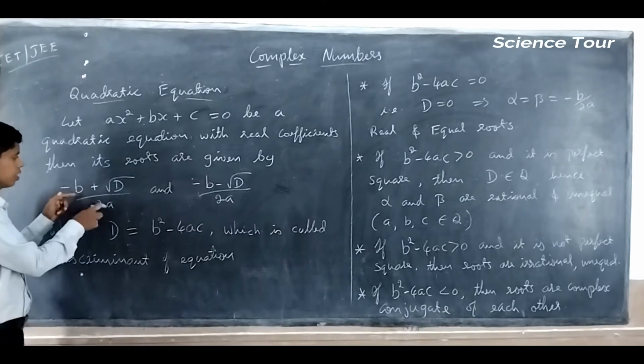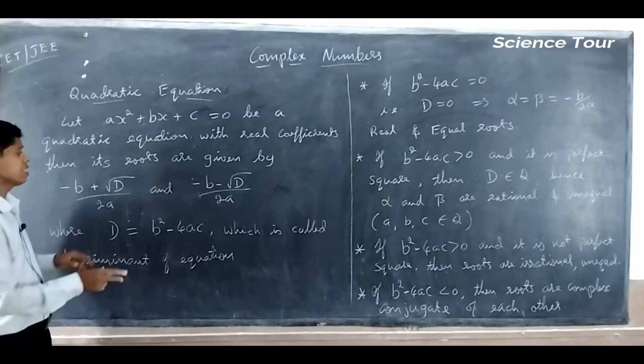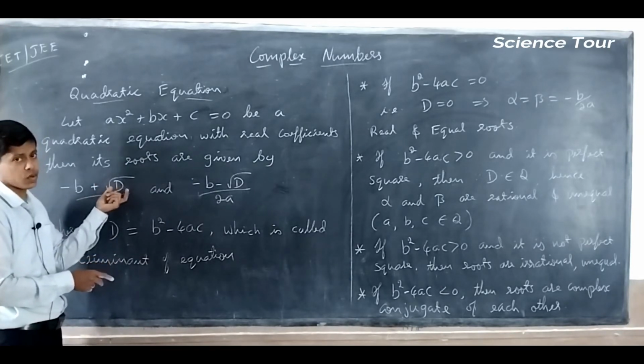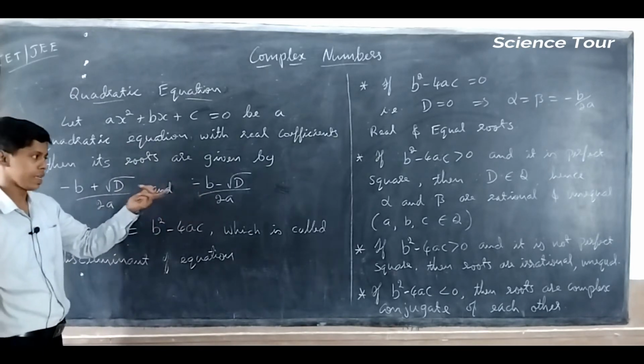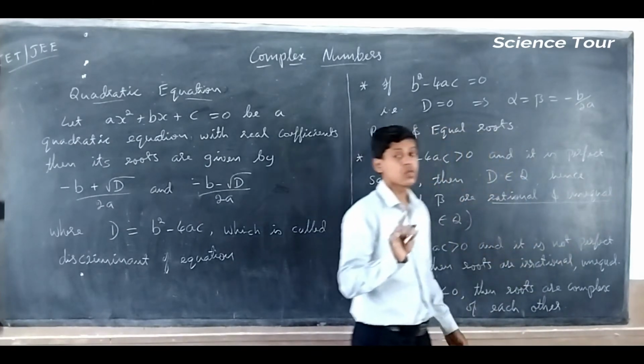So first of all, a, b, c must be rational numbers, d must be greater than 0, positive, and d must be a perfect square. Then you get rational and unequal roots.